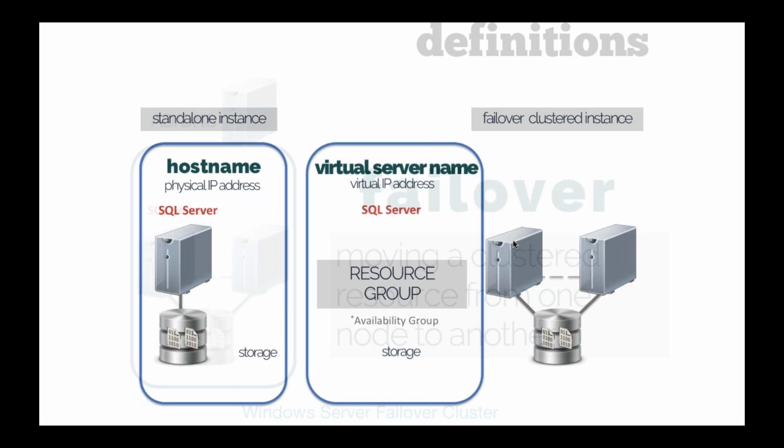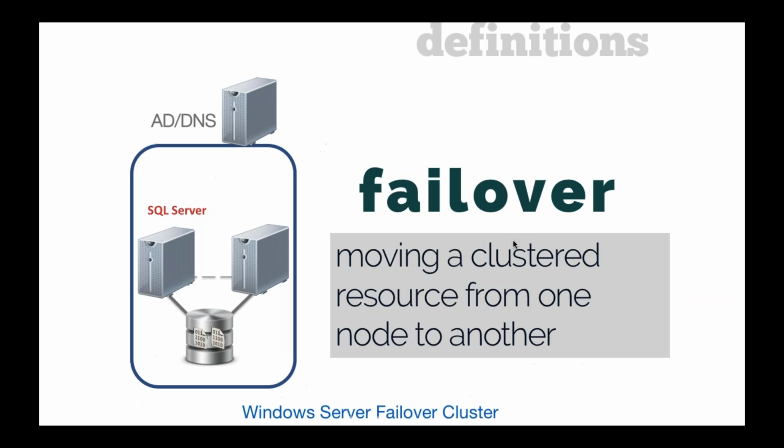Next, we have the concept of a failover, and failover is nothing more than moving a clustered resource from one node to another. Look at the diagram and you'll see the SQL Server clustered resource running on the server on the left. When you do a failover, again, the concept of the traffic light kicks in. You're going to stop the SQL Server instance on the server on the left.